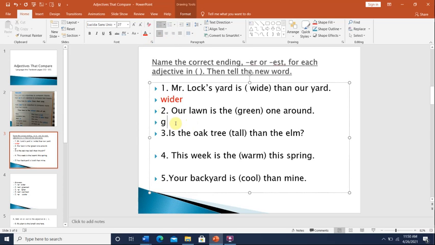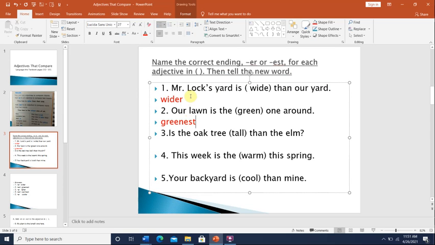That means our sentence will be, our lawn is the greenest one around. So remember, when you are comparing two nouns, two things or two people or two places, you add er. When you are comparing more, you add est.